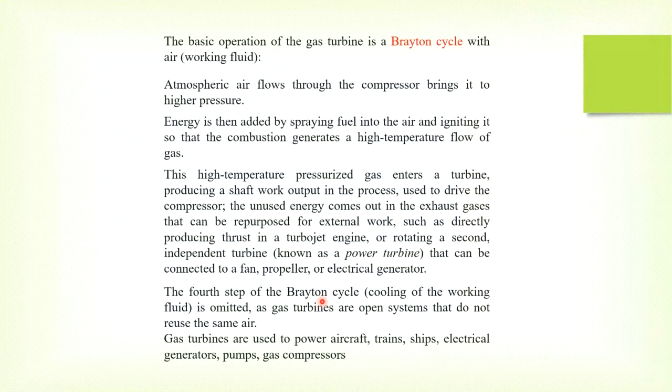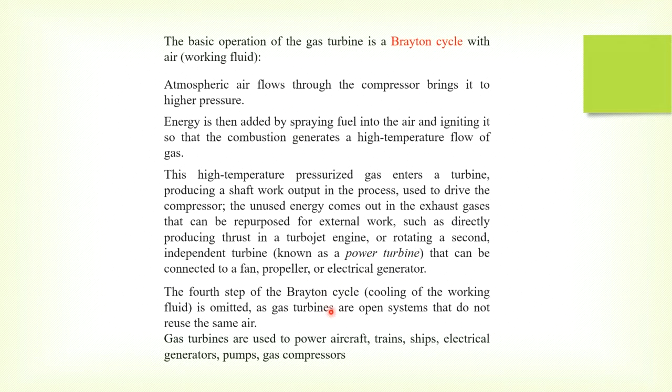So usually jet engines are open cycle and the Brayton cycle is a closed cycle. Closed cycle means they cannot use a combustor. Instead of a combustor, they use a heater, and they also use a cooler. The heater is to raise the temperature, the cooler is to reduce the temperature. So the Brayton cycle is a closed gas turbine unit cycle.